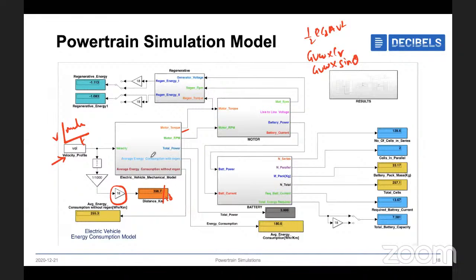From this we get the number of cells connected in series and parallel, pack mass, total number of cells, required battery current, and the total energy required.